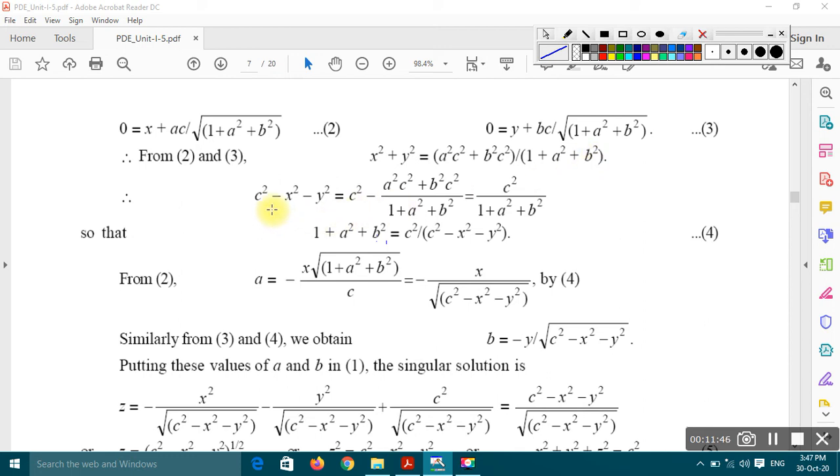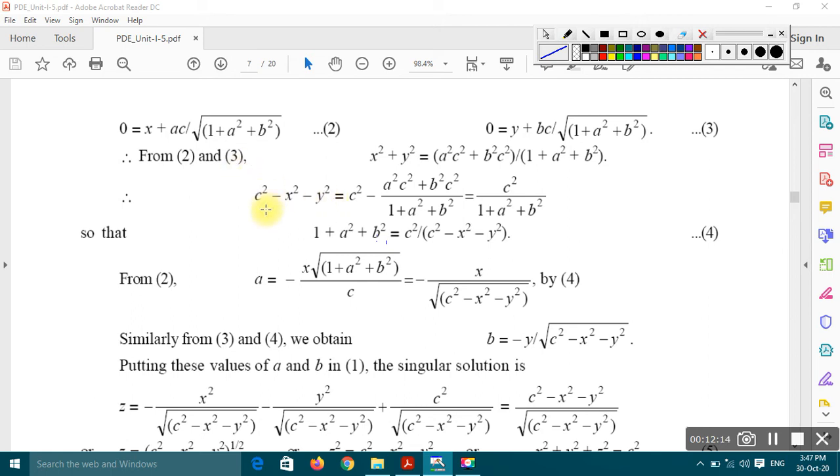Now find c square minus x square minus y square. What we want is the value of a in terms of x, y and c, and the value of b in terms of x, y and c.